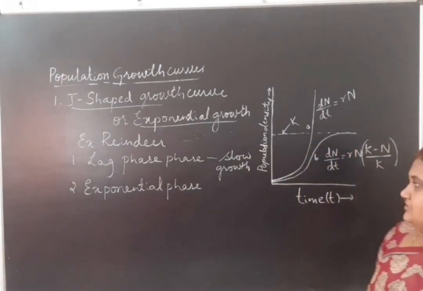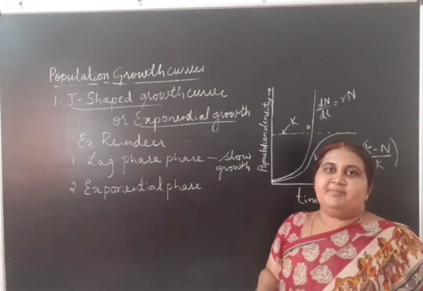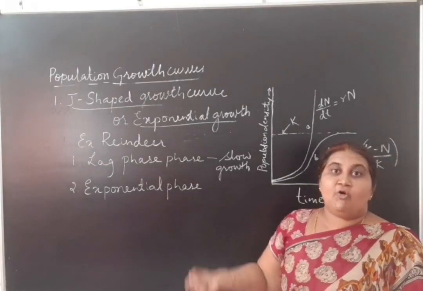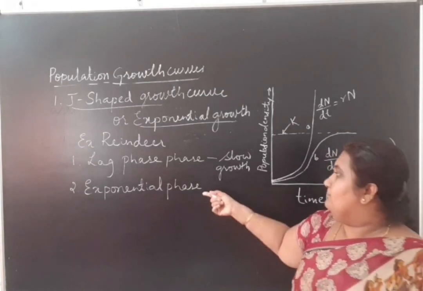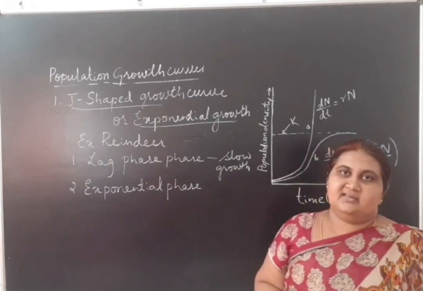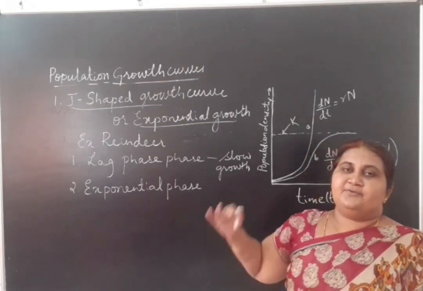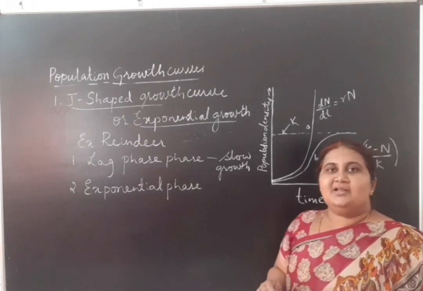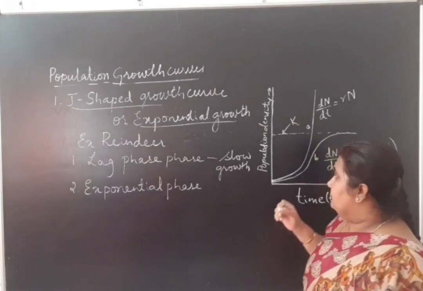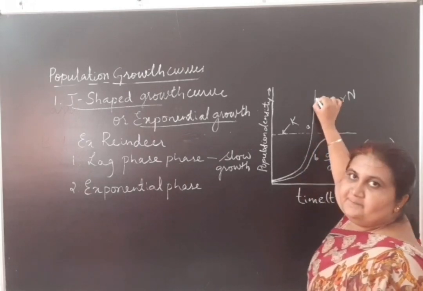Next, when the individuals of a population have adjusted to their environment, and the resources are unlimited and plentiful, there is an increase in the population size. It goes on reproducing in an exponential manner. The individuals of the population start reproducing, and this is called the exponential phase.